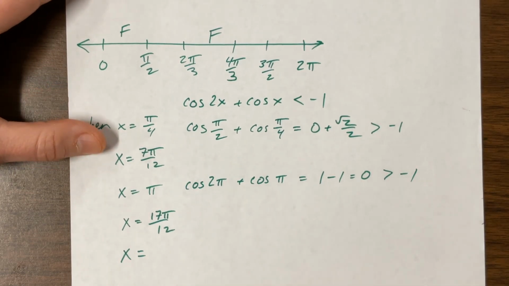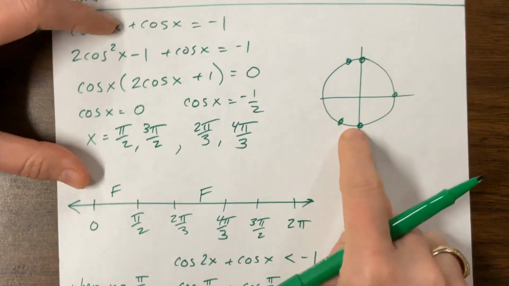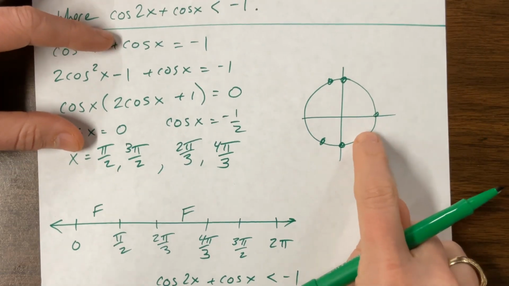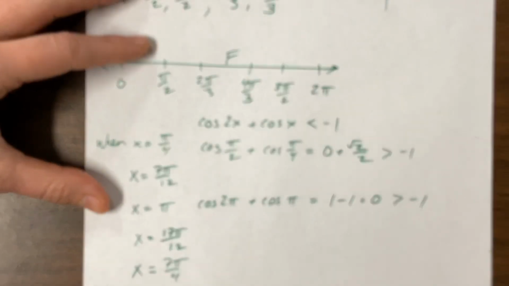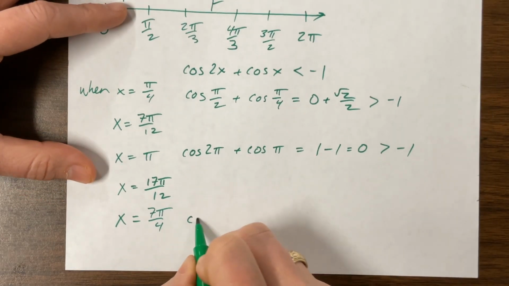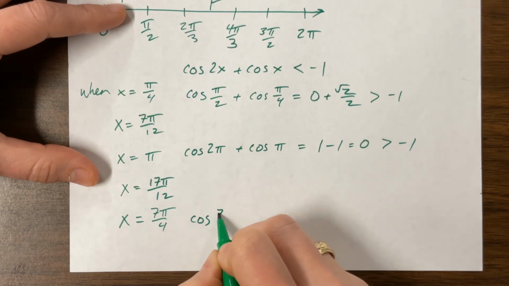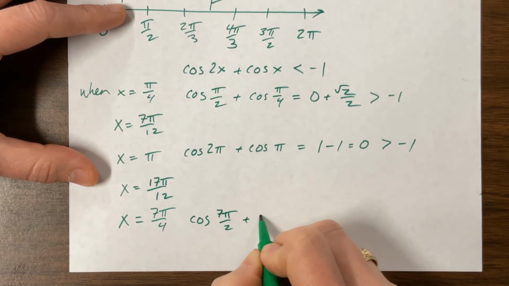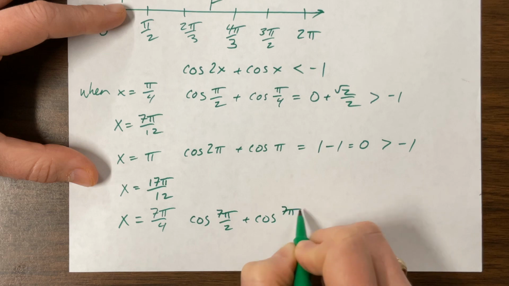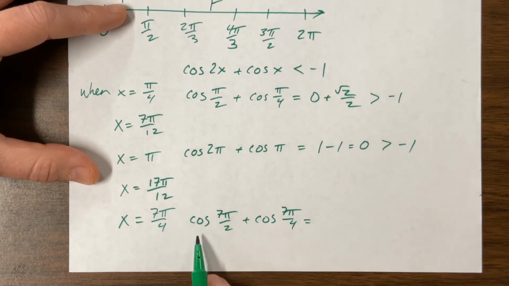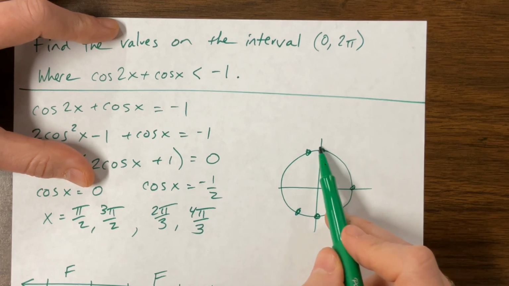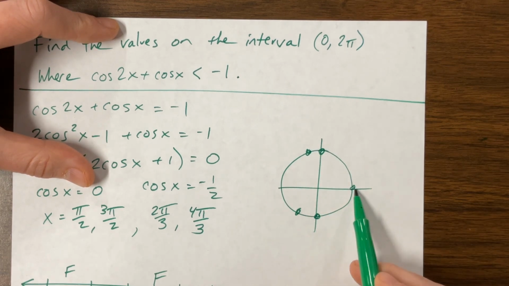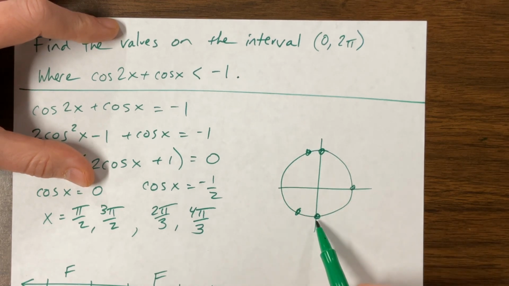And now let's find something between 3 pi over 2 and 2 pi. How about 7 pi over 4? With this one, I have cosine of 2 times that, so 7 pi over 2, plus cosine of 7 pi over 4. Cosine of 7 pi over 2, think about this for a second. We have 0, 1 pi over 2, 2 pi over 2, 3 pi over 2, 4 pi over 2, 5 pi over 2, 6 pi over 2, 7 pi over 2.